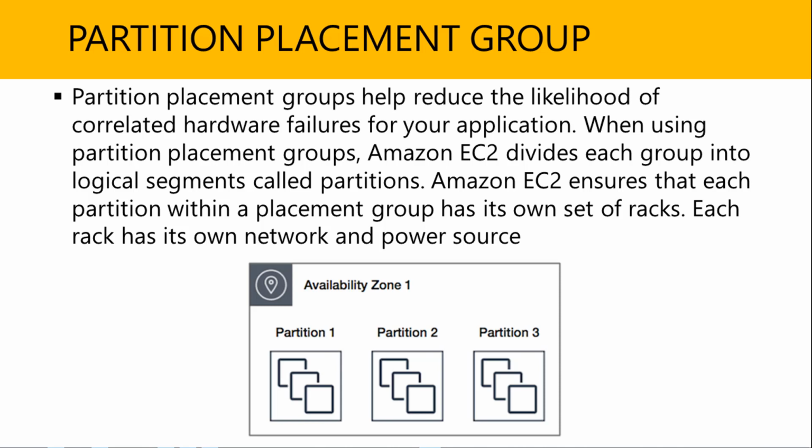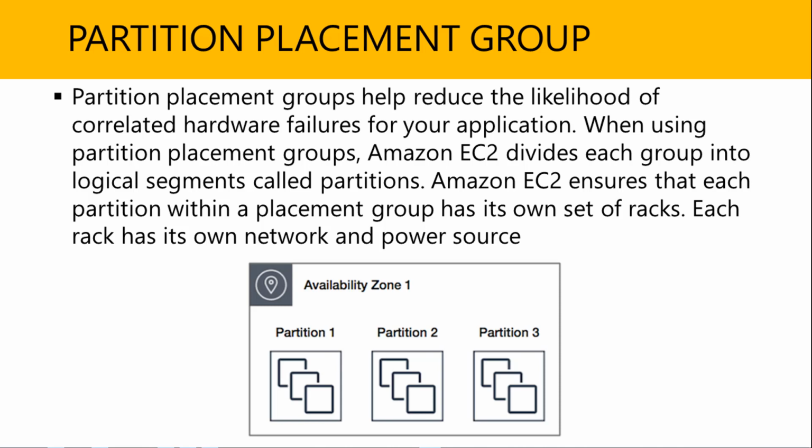What this does is that EC2 ensures that each partition within the placement group has its own set of racks. Each rack has its own network and power source, so they're independent, right? So no two partitions within the same group share the same rack. The real benefit here is that it isolates the impact of hardware failure within your application.